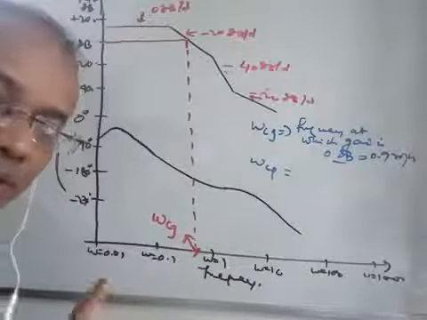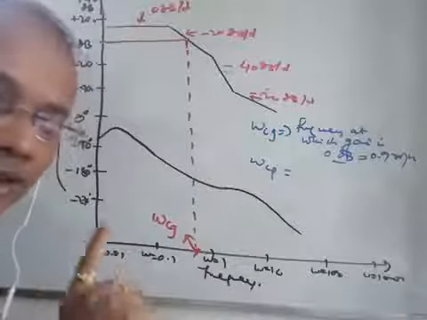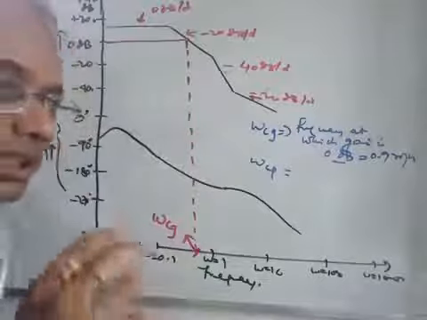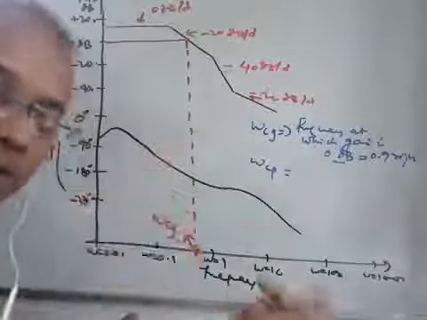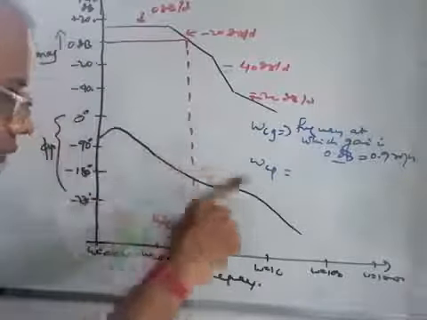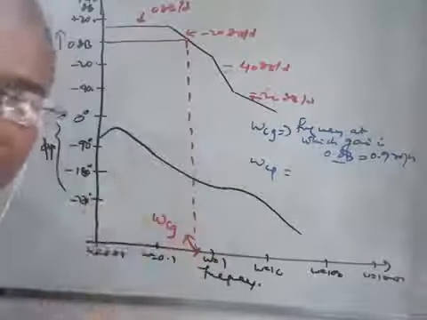That is why when constructing the table for phi versus omega, we considered 50 times the largest corner frequency, so that if possible the phase curve may cross this minus 180 degree line. That was the purpose.